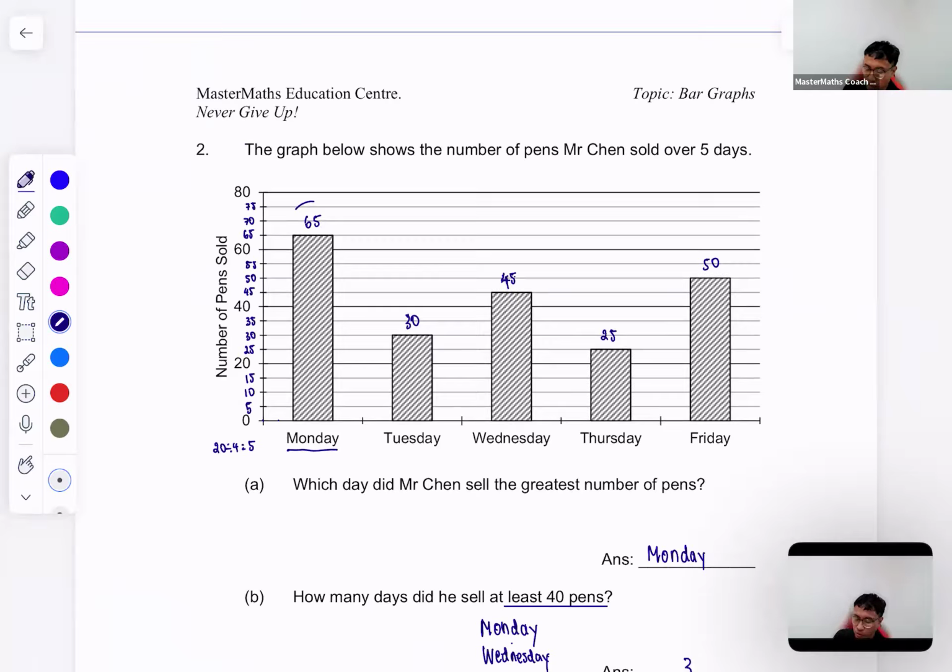So you try to do 65 plus 28 plus 30 plus 45 plus 25 plus 50. Now you have to try and see whether you can get 215.